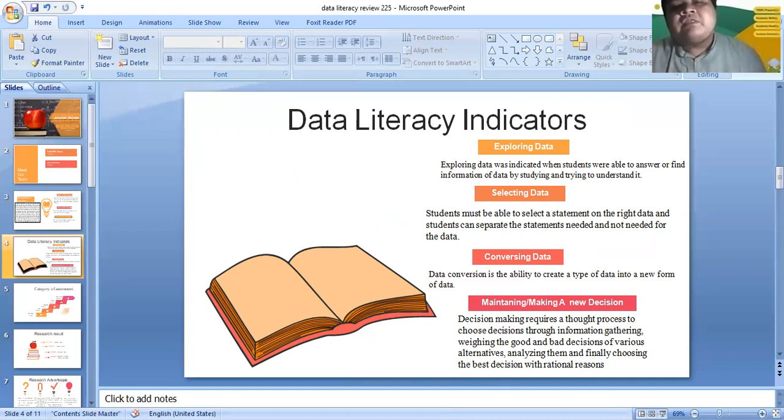Students must be able to select a statement on the right data, and students can separate the statements needed and not needed for the data. Number three, converting data. Data conversion is the ability to create a type of data into a new form of data. And the last, number four, making a decision. Decision making requires a thought process to choose a decision through information gathering, weighing the good and bad of various alternatives, analyzing them, and finally choosing the best decision with rational reasons.